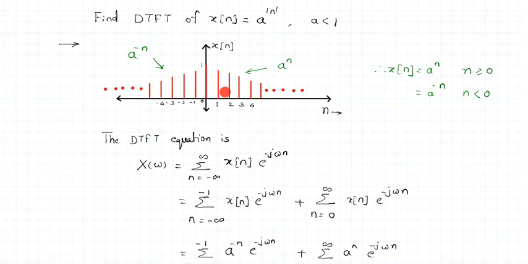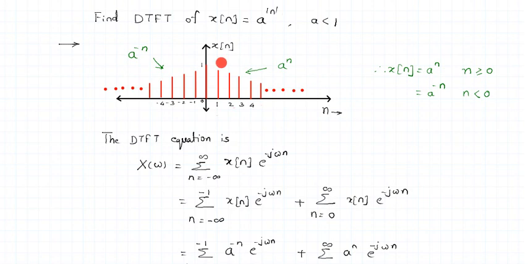So for positive values of n, mod of n will be positive, right? So the equation is simply a raised to n, because n is already positive. When we are talking about the positive part of the signal, n is already positive, so mod of n has no effect on it, and the equation simply becomes a raised to n. And what do we know about a? a is a value which is less than 1.